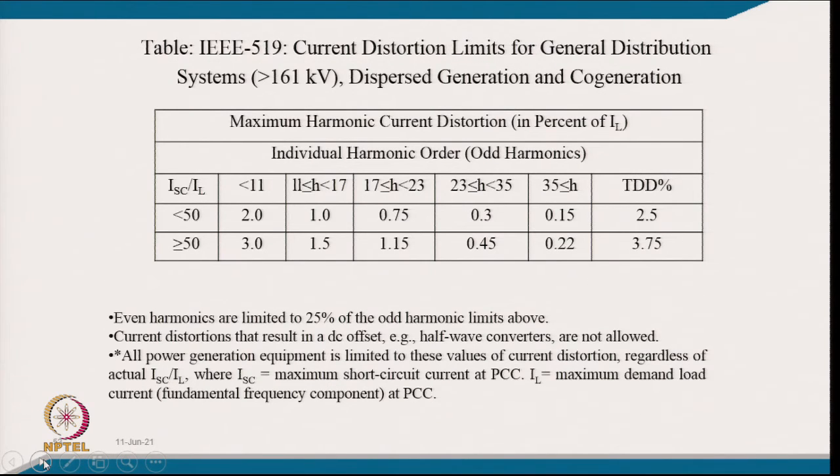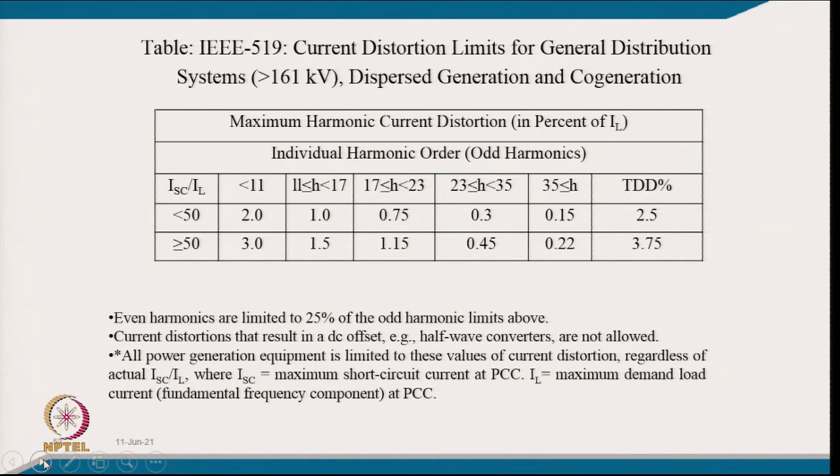Well, this is the typical limit corresponding to the voltage, when we have a current distortion limit for general distribution systems of 161 kV and above, for dispersed generation and cogeneration. You can understand the voltage level above 161 kV is certainly either at primary distribution, or it can be transmission level also. So there the harmonics level permitted is much lower.